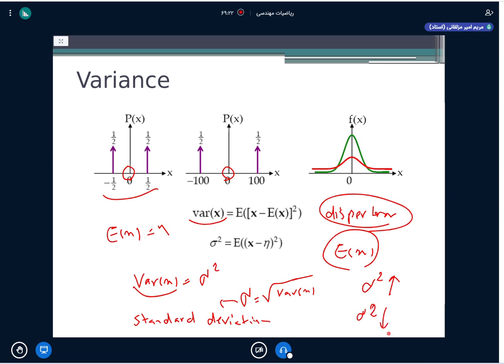If we have a low variance, it means that we have a low dispersion around expectation of x in our distribution. Okay, so variance determines the compactness or spreadness of a distribution around the mean of this distribution.